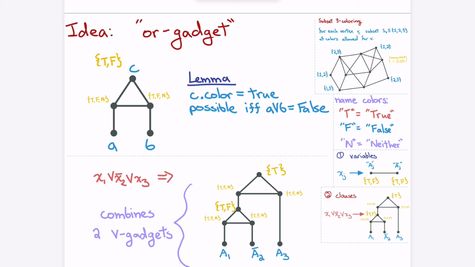It could, but if this is true, then at least one of these has to be false. This could be false and this could be nonsense, or this could be nonsense, this could be false, because they're connected in a triangle. In which case, if this is false, then this has to be true. If it's nonsense, this could be anything.